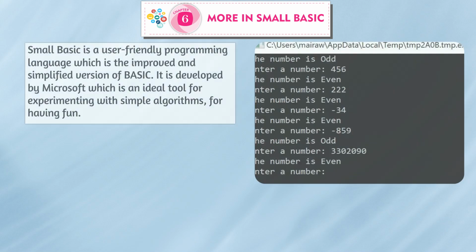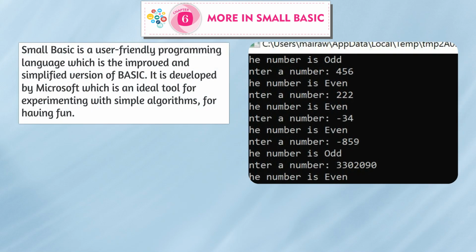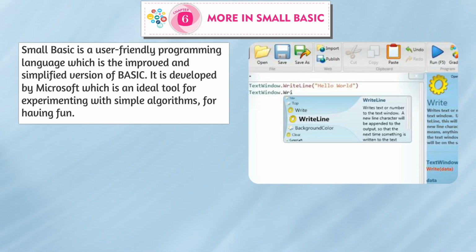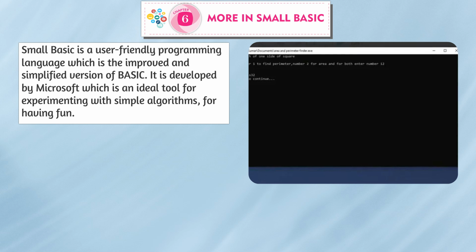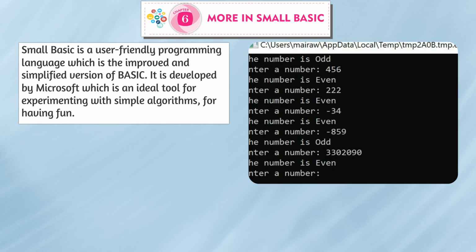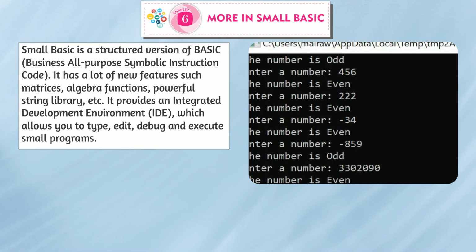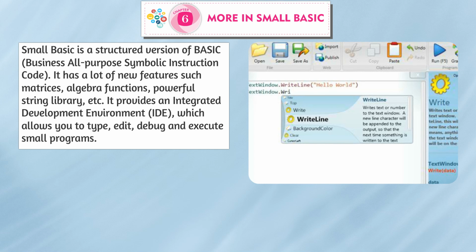Small Basic is a user-friendly programming language which is the improved and simplified version of BASIC. It is developed by Microsoft, which is an ideal tool for experimenting with simple algorithms for having fun. Small Basic is a structured version of BASIC, Beginner's All-Purpose Symbolic Instruction Code.